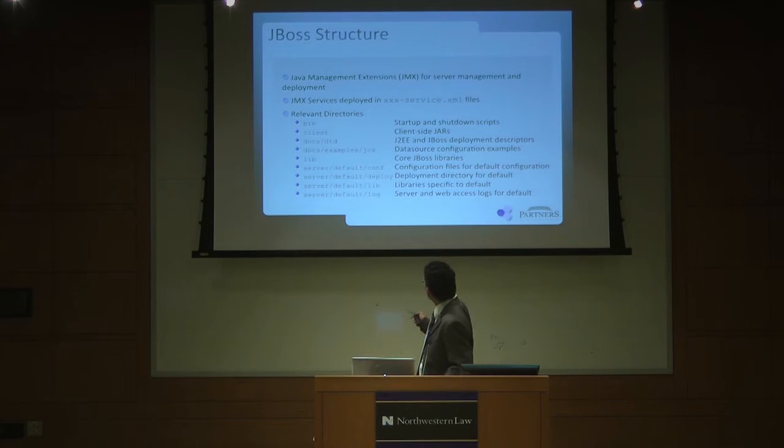In the conf directory, the server default conf, you would see directories like CRC app or ONT app. This is where the ontology and the CRC have their property files and any components that are needed for those.